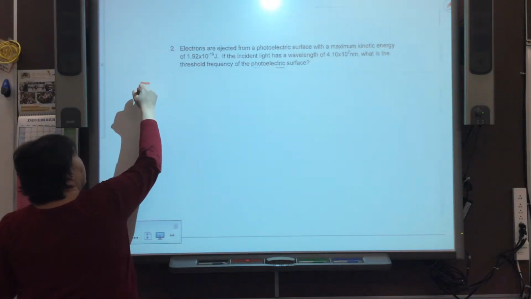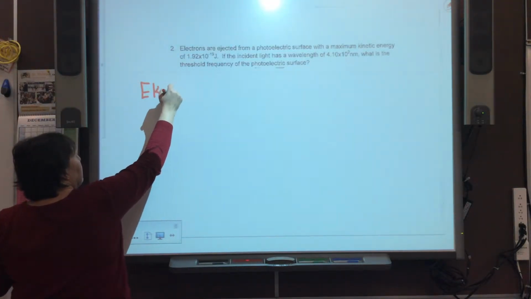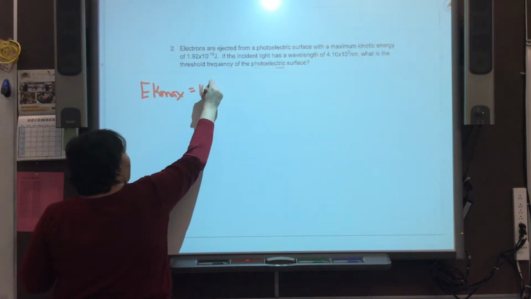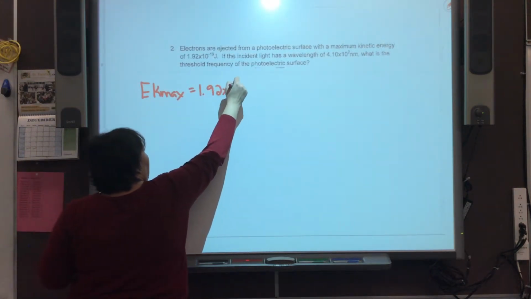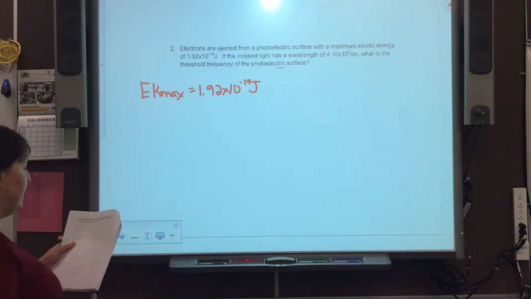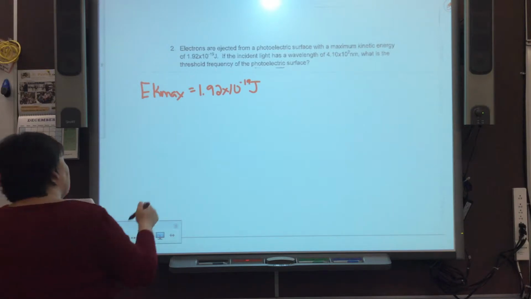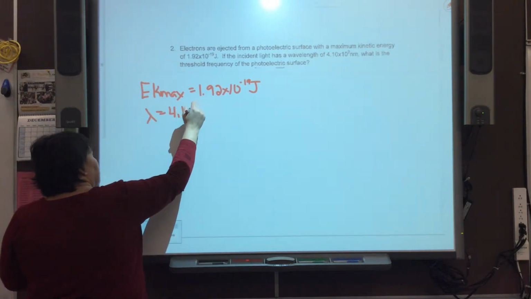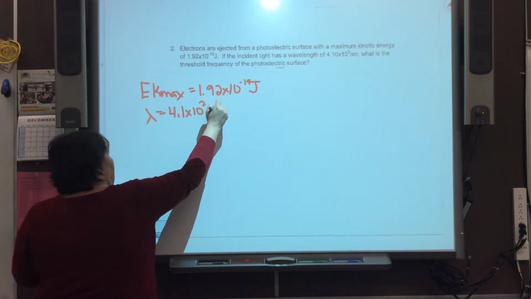So our information here, EK max is 1.92 times 10 to the negative 19 joules. Wavelength is equal to 4.1 times 10 to the 2 nanometers.